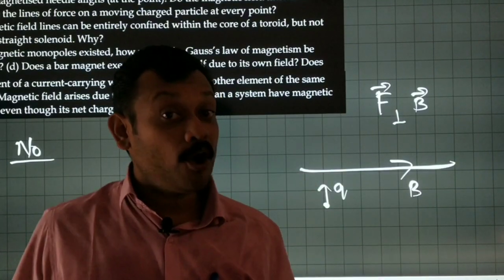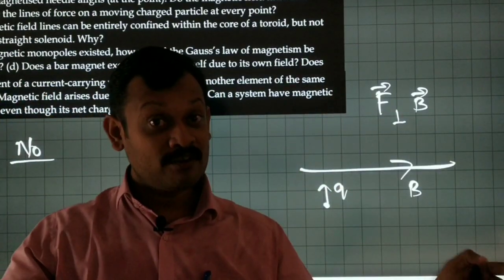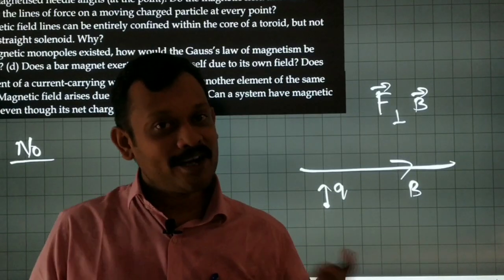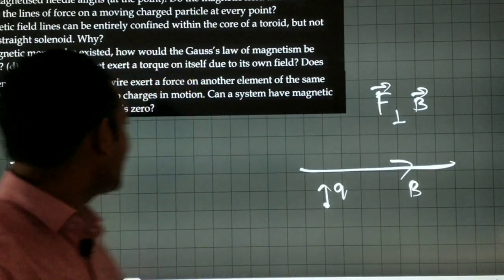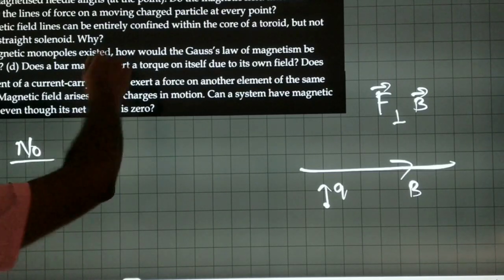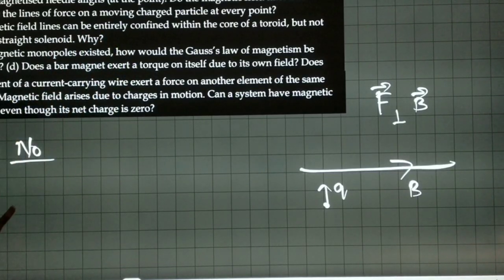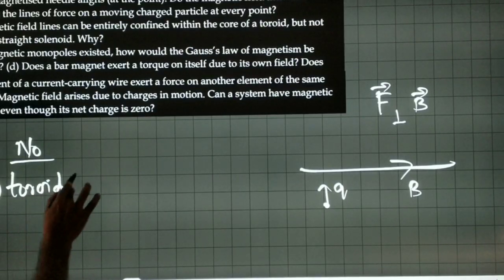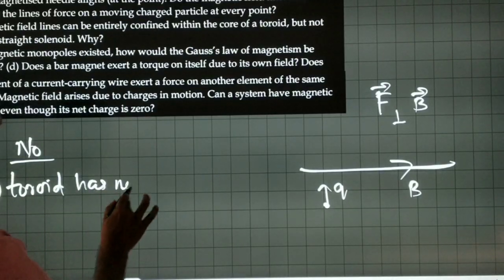A solenoid has ends, whereas a toroid does not have ends. Hope you got the answer: a toroid has no end points.